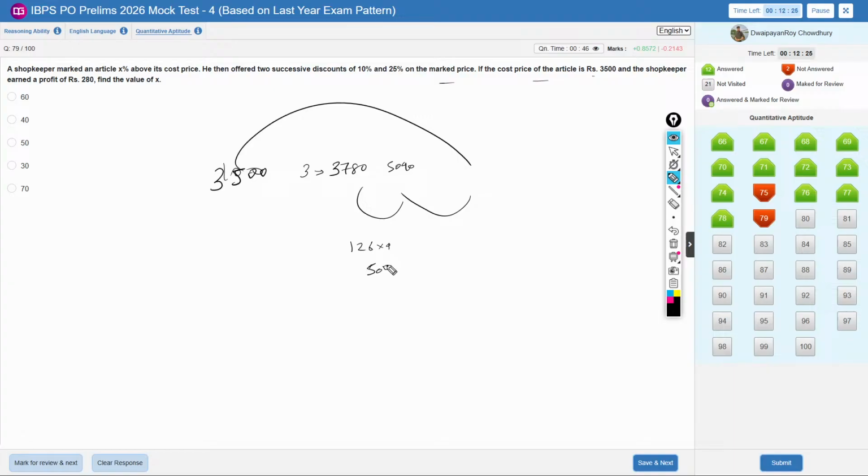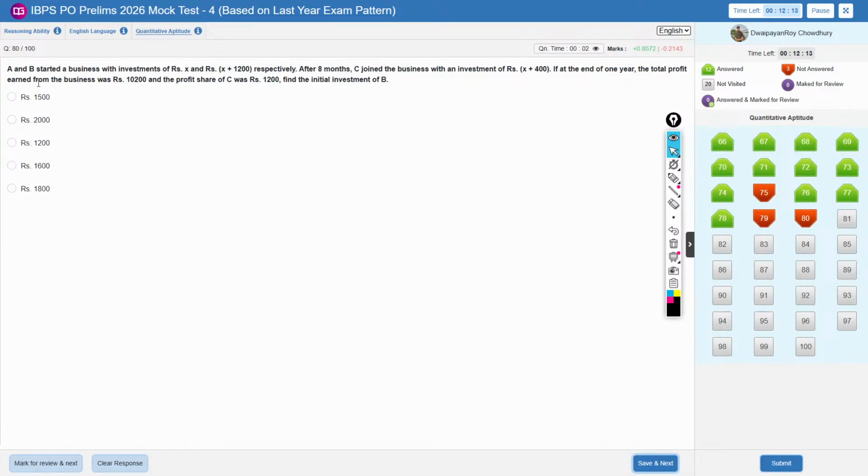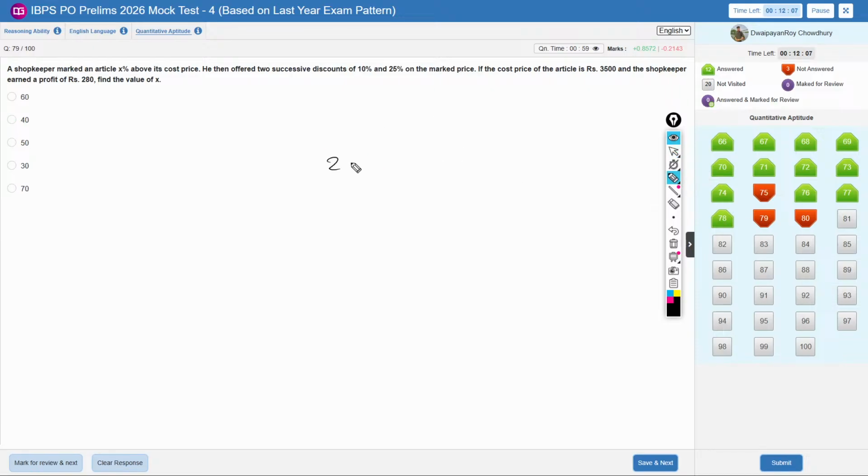Oh, no, 5040. But the problem here will be for 10, right? It will be much complicated. I will skip. Should I skip it? Should skip it. Okay. So 28 upon 35.